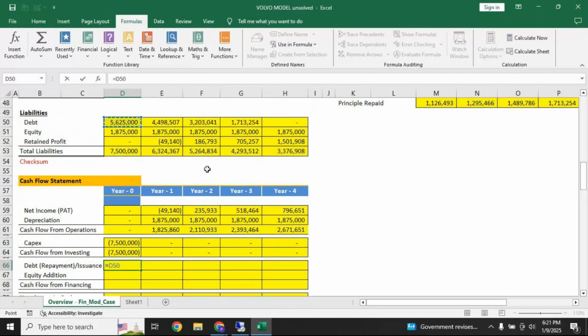This much I have repaid. Debt repayment.